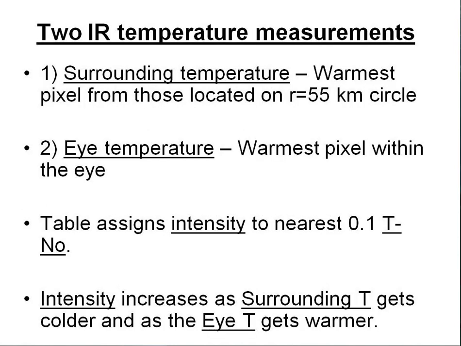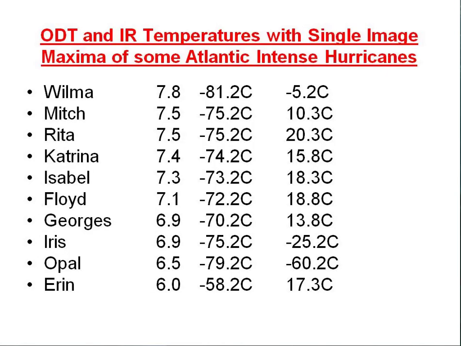With the ODT algorithm, two temperatures, the surrounding temperature and the eye temperature, as defined here, are extracted from the digital image given a user-supplied center. This slide lists examples of T numbers assigned by the ODT and their associated surrounding temperatures and eye temperatures for various Atlantic hurricanes.